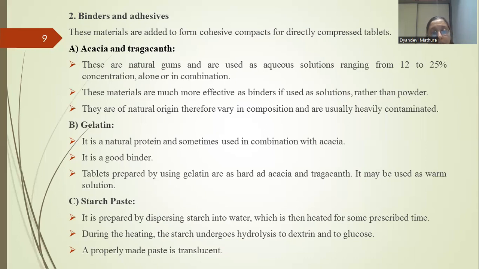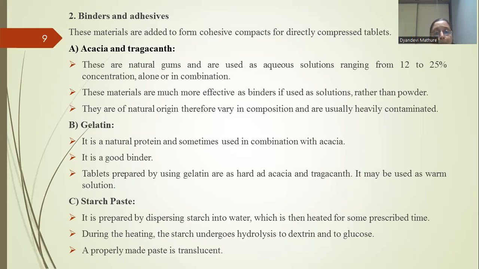We dissolve these powders in water and then use that solution for preparation of granules or tablet. They are of natural origin, therefore vary in composition and are usually heavily contaminated. Of course, being natural origin powders, the chances of contamination are more.